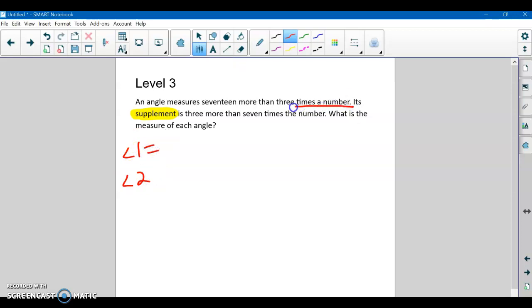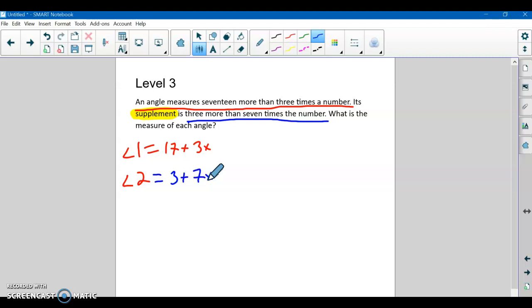So, this is angle 1, and it's going to be 17 plus 3 times a number. Its supplement is 3 more than 7 times the number. So now I've got angle 2 is equal to 3 plus 7 times a number.